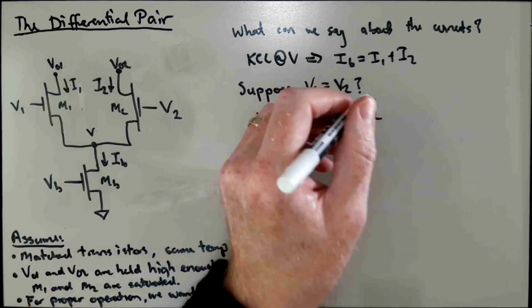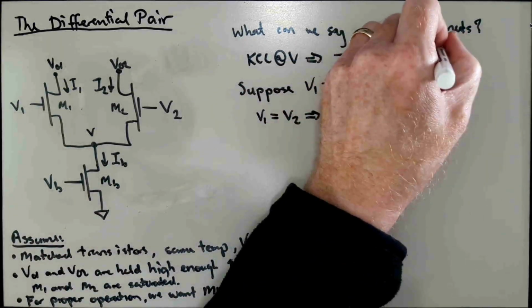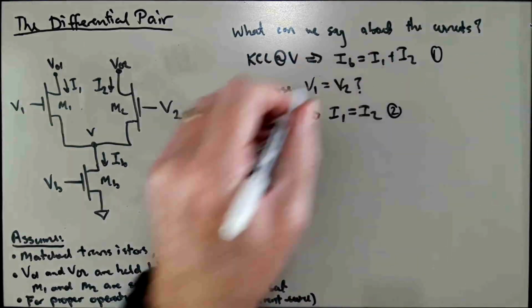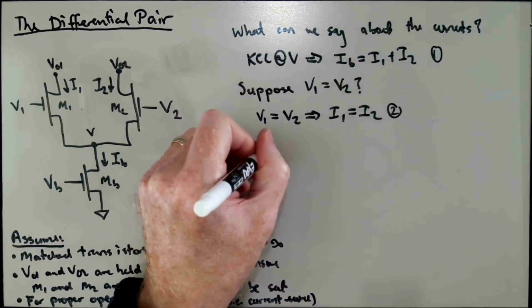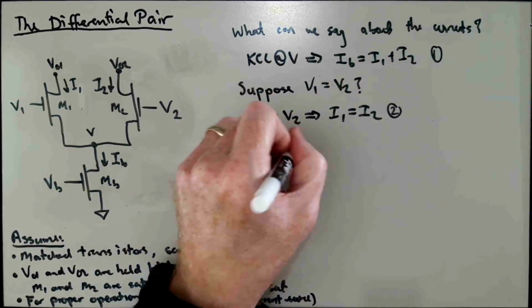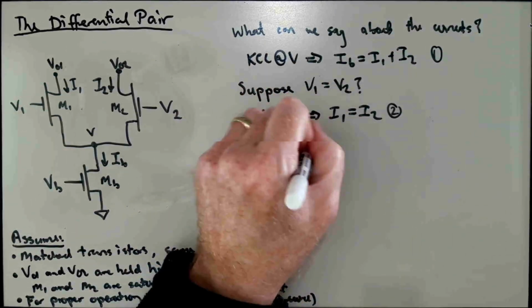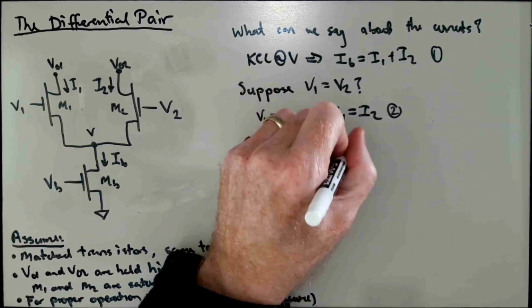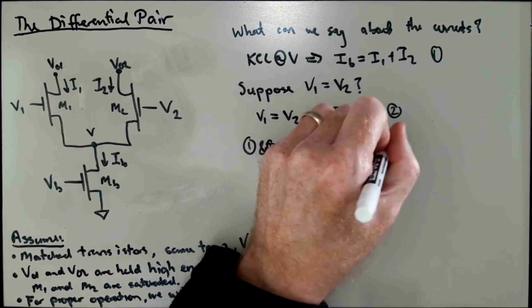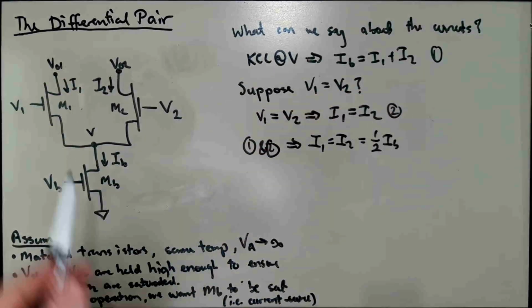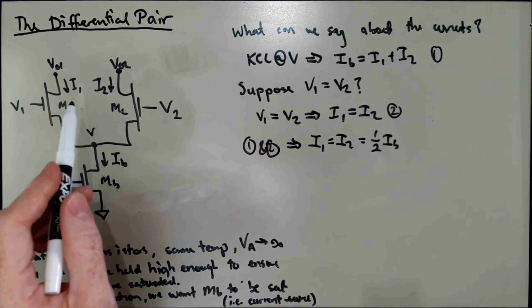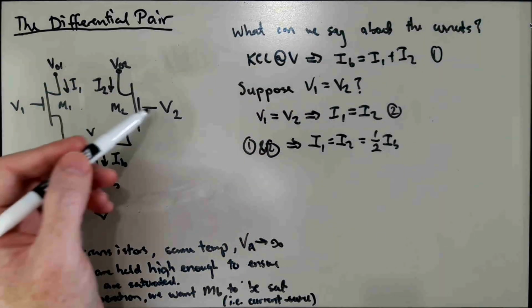And so these two things together imply that I1 will equal I2 will equal half of the bias current. They will split the bias current 50-50 when V1 is equal to V2.